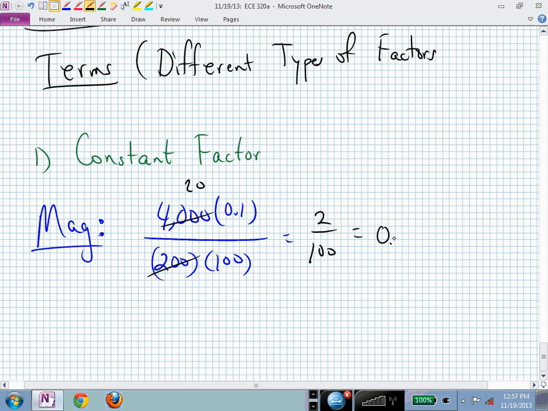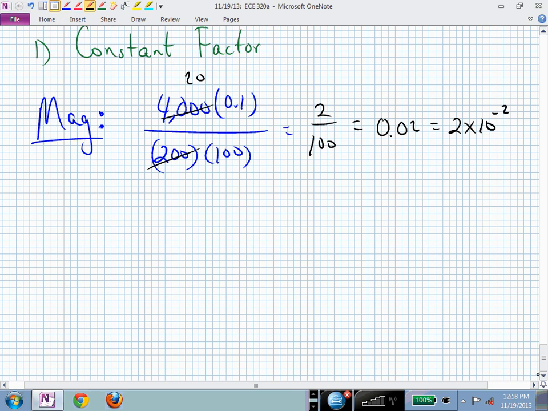And I can write that many different ways, 0.02, or I actually may write it when I'm finding the magnitude as 2 times 10 to the minus 2, because I'm going to be using the log to compute these. So if I now find the dB value of that gain, it's at 0.02.